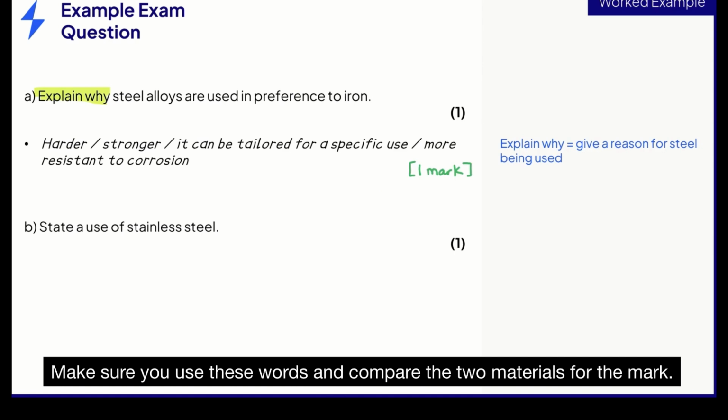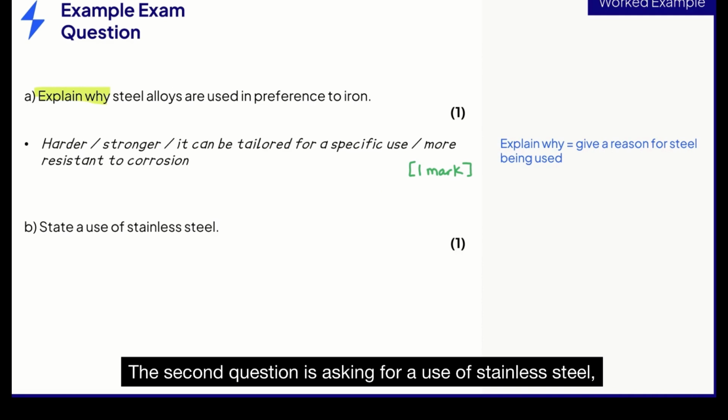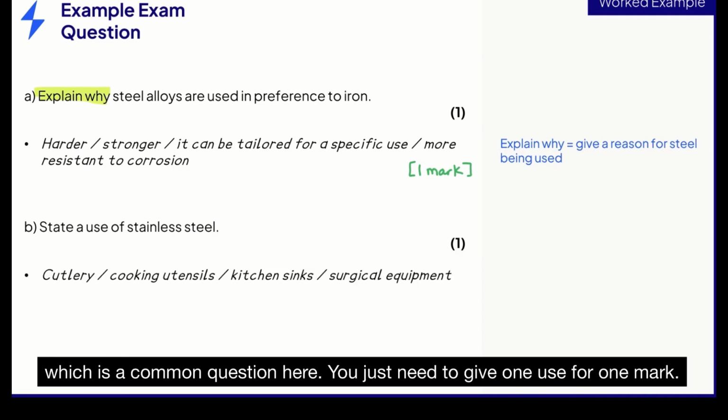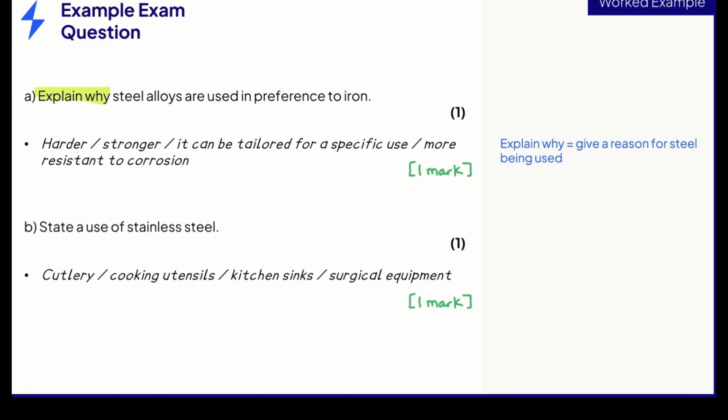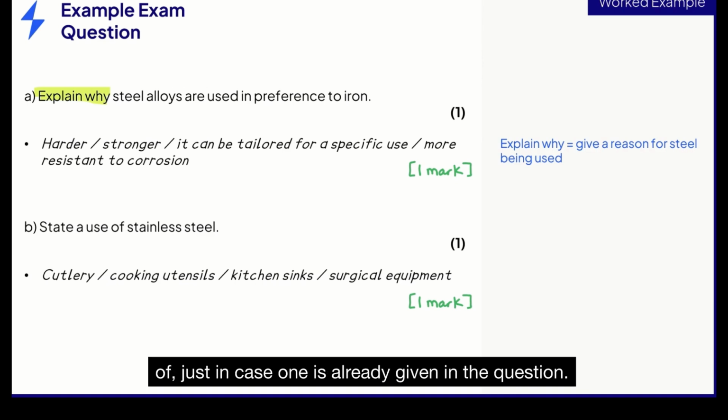Make sure you use these words and compare the two materials for the mark. The second question is asking for a use of stainless steel, which is a common question. Here, you just need to give one use for 1 mark. Make sure you know at least 2 uses of each of the alloys you need to be aware of, just in case one is already given in the question.